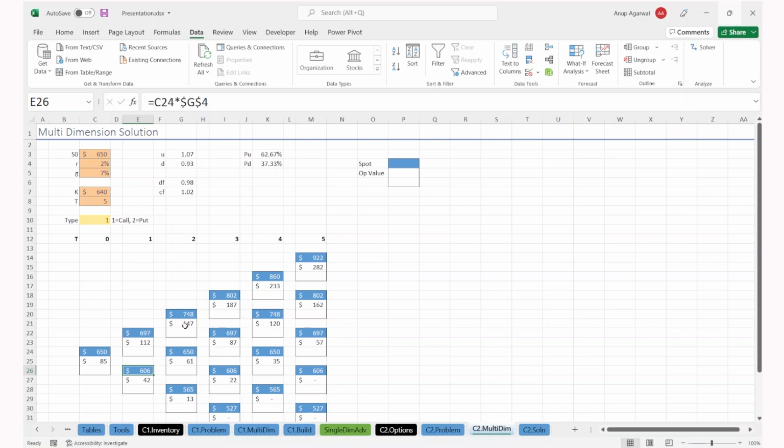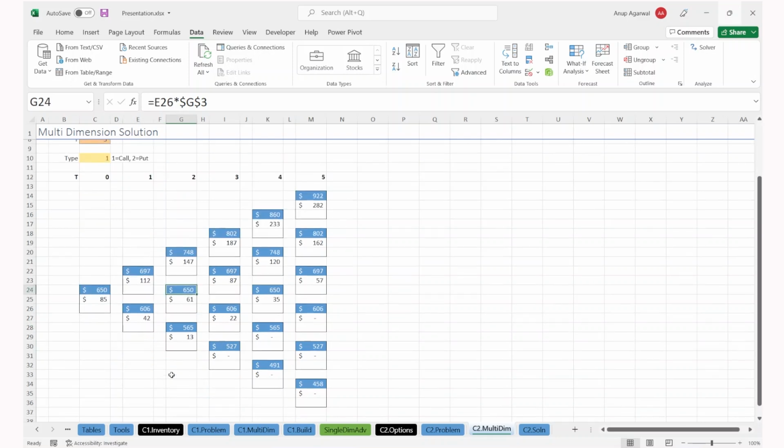The next period, this 697 can either go up 1.07 times or go down 0.93, which is the same as 606 going up 1.07 times. So the down from this part and the up from this part are actually the same.